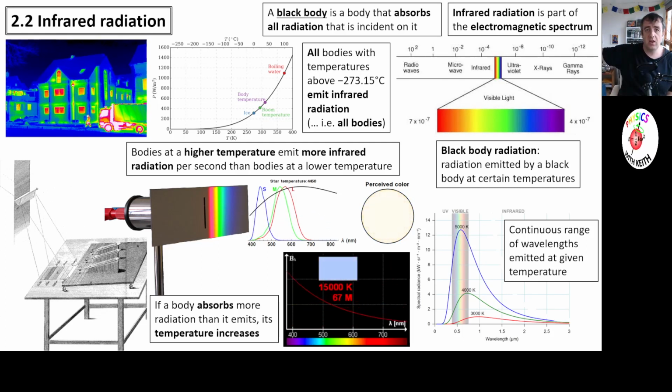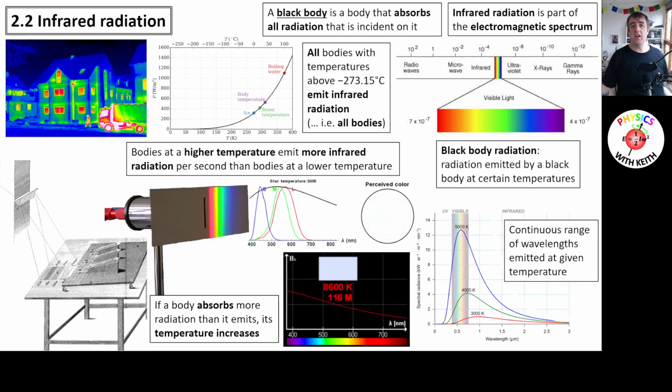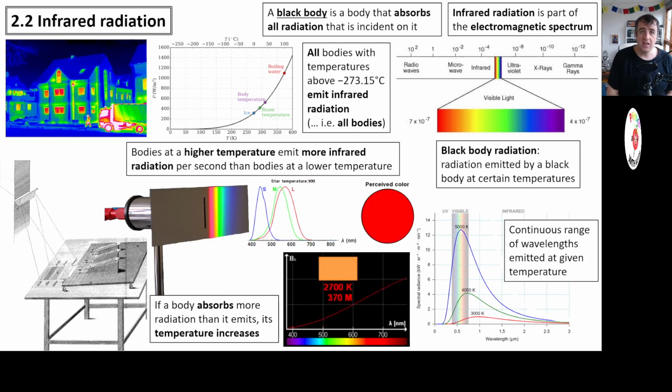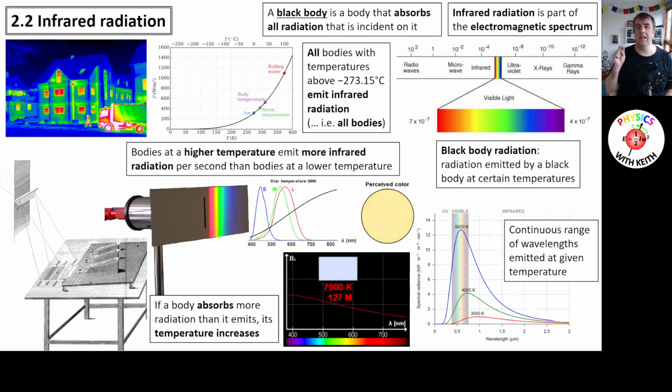Even though the walls are in thermal contact with the outside, so the temperature of the walls is actually the same as it was before, they radiate less energy because of the colour of paint I've used. So a black body, the radiation that's emitted is purely due to temperature and isn't affected by things like what colour you've painted it, or what the surface texture is, or if there's any other clever things going on with the surface.